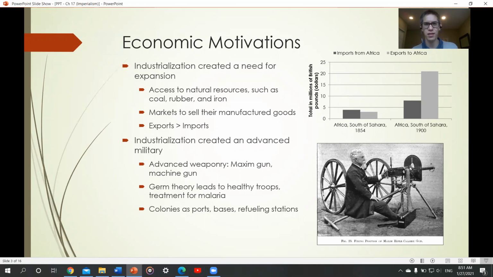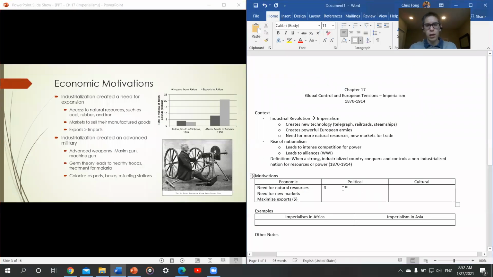It also led to a treatment for malaria, which was a disease that was native or endemic to Africa that now Europeans are able to survive. So again, for political, all of this strengthens the military with the Maxim gun, better medicine.